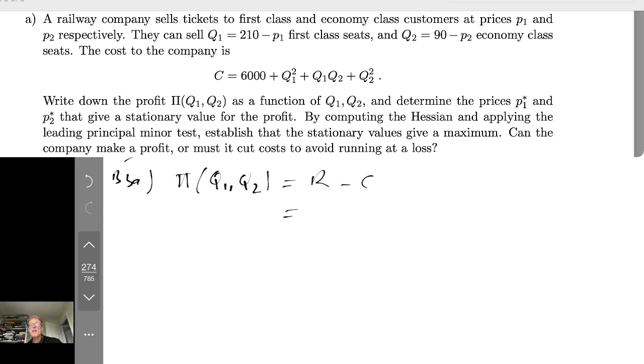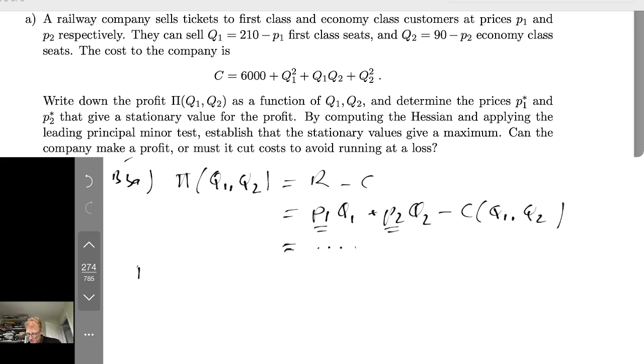So the revenue will be P1 Q1, so price P1 times Q1 items for first class, plus the price, I suppose, for economy class times the amount of tickets Q2, minus the cost as given. And since we're given P1 and P2 in terms of Q, this becomes an entire function of Q1, Q2.